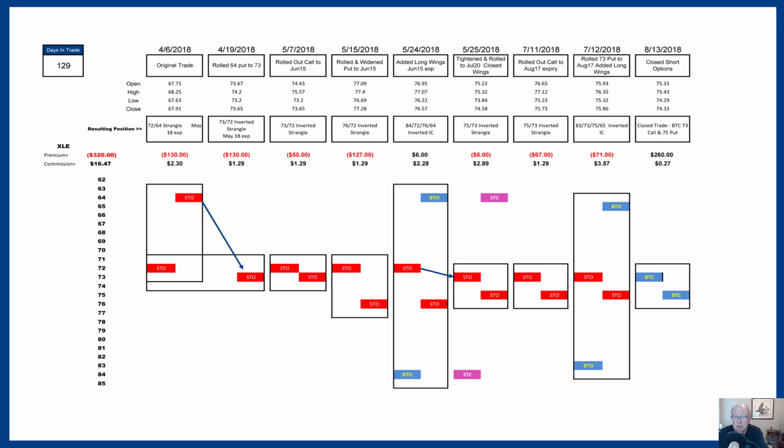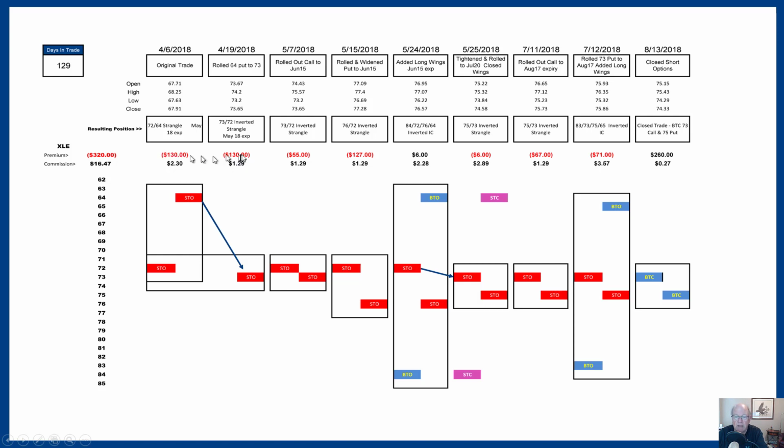And what I did here, as illustrated by the blue arrow, is I simply rolled the 64 short put up to the 73 short put. So now what I've got is I'm short a 72 call and I'm short a 73 put, which makes the trade an inverted strangle because the put is higher than the call and vice versa. Now, for that roll, I was able to collect an additional $130 in premium.